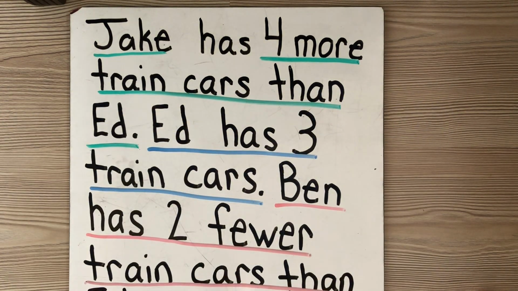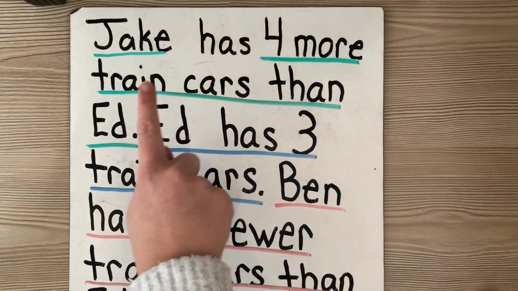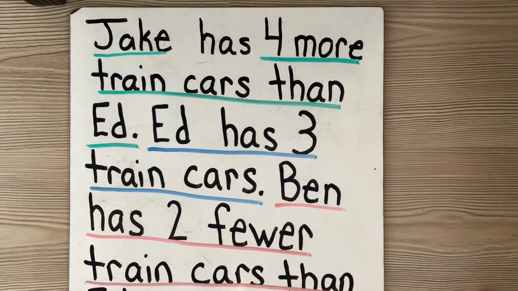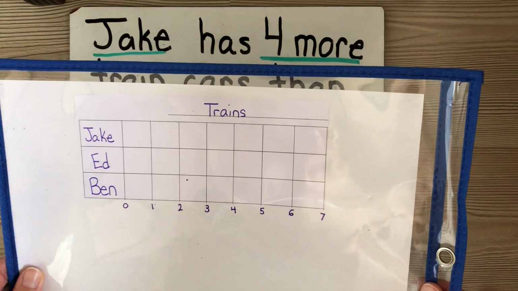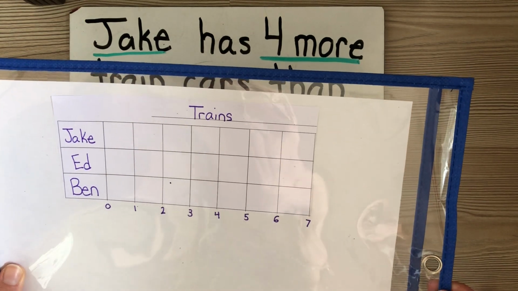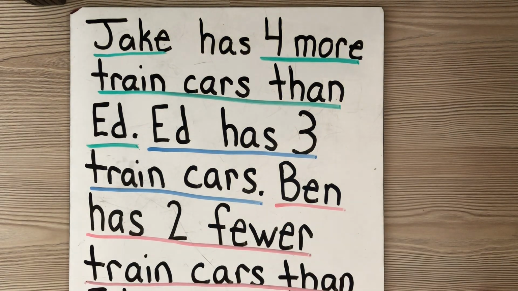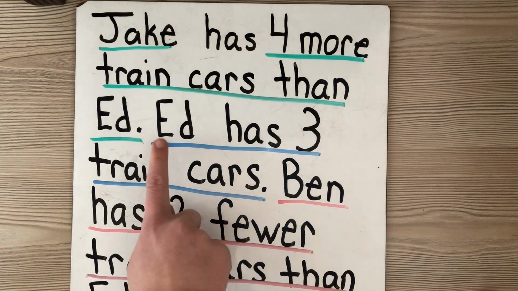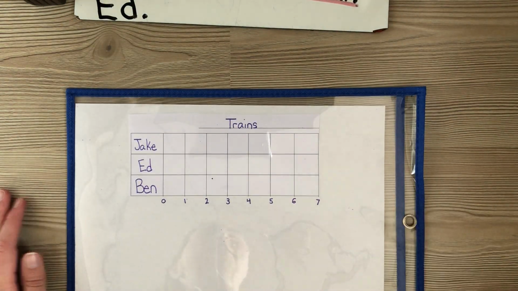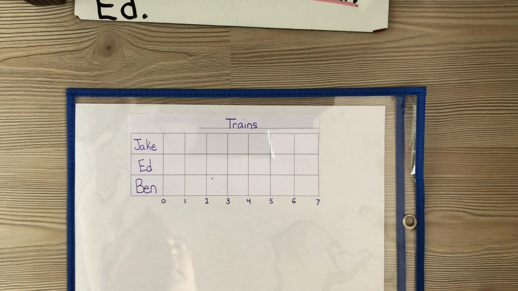So we know that Jake has 4 more train cars than Ed. Can we color in Jake's train cars? Not first, because we know he has 4 more than Ed, but first we need to look at how many does Ed have. Ed has 3 train cars. So boys and girls, we are going to push that back and we are going to color in Ed's train cars.